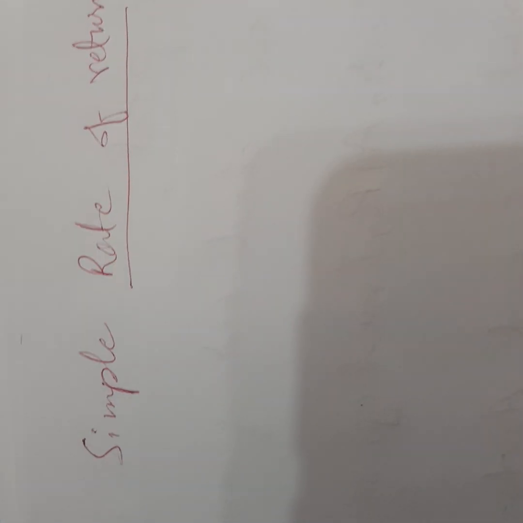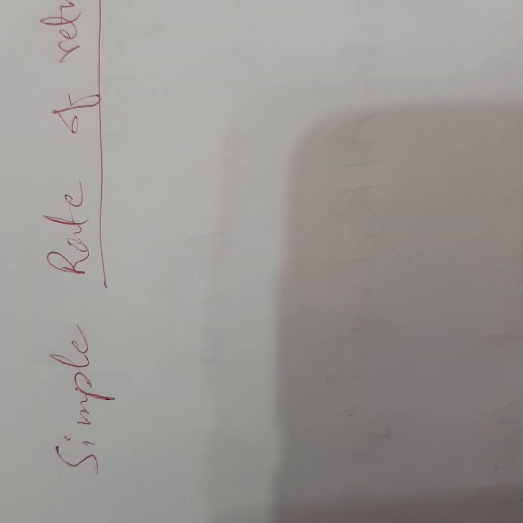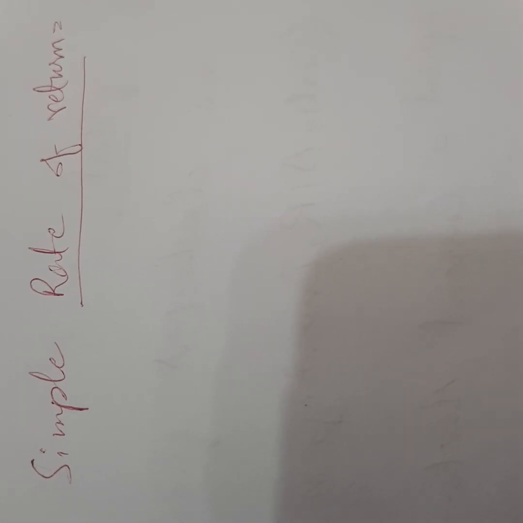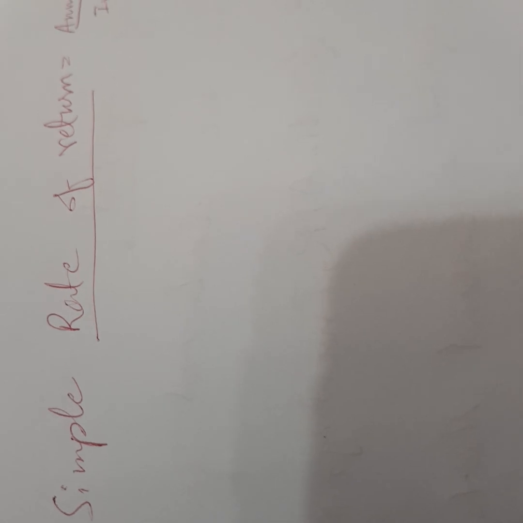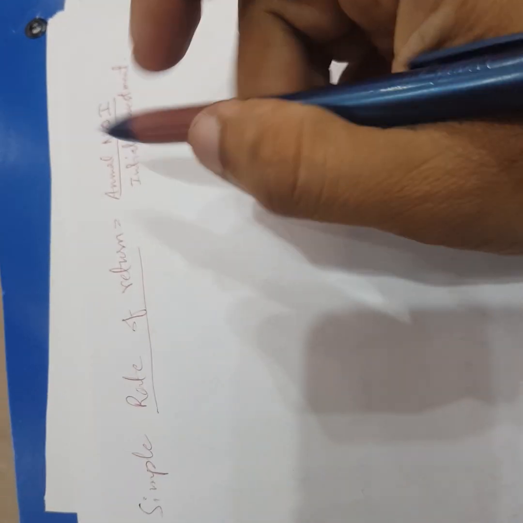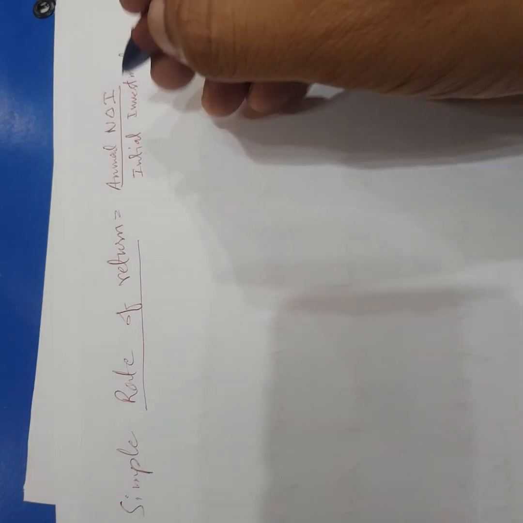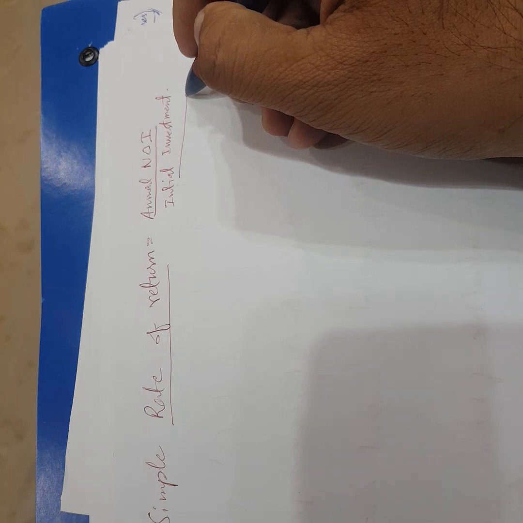When we calculate the simple rate of return, there are some criticisms that create problems, because this method ignores the time value of money, as time also matters, that for how many years our initial investment will be given back.